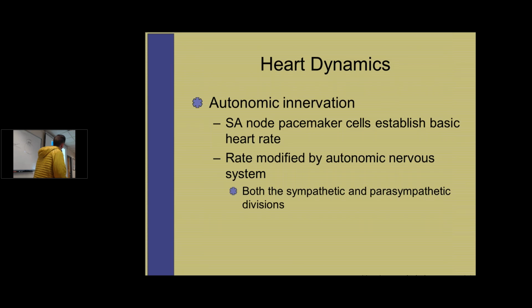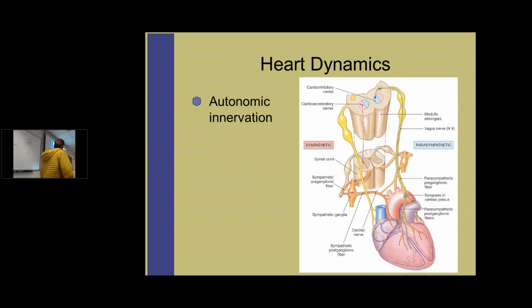Autonomic innervation. The SA node pacemaker cells have a basic heart rate, what we talked about before, but it can be modified by the autonomic nervous system, both sympathetic and parasympathetic. And this is where we have those connections. The sympathetic is on this side, and it is going right here to the SA node.